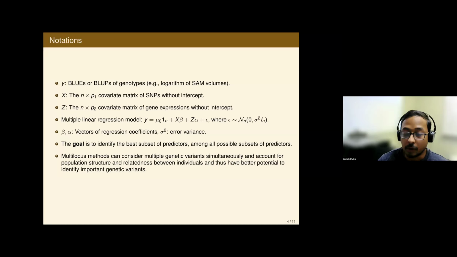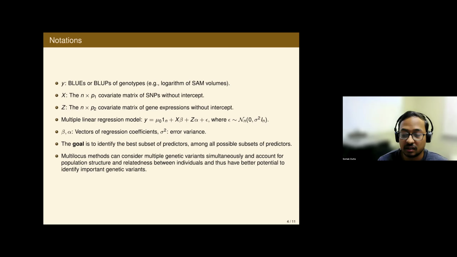In fact, in the statistical model that we have developed, we could prove theoretically that under certain conditions, either when your number of lines goes to infinity or when your error variance sigma squared goes down, you are able to identify the truly important SNPs and the truly important genes with probability tending to 1.